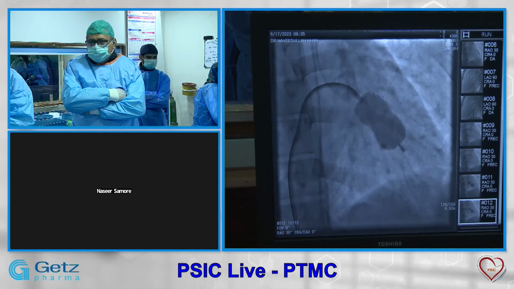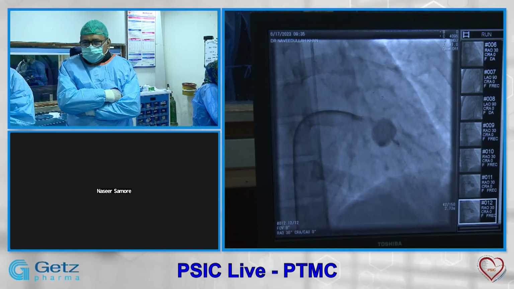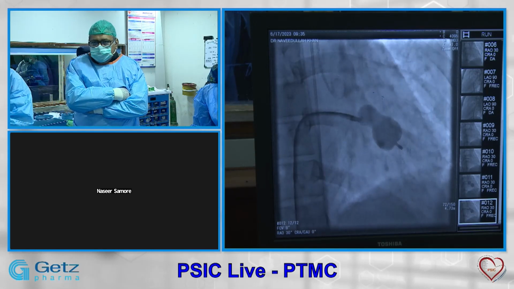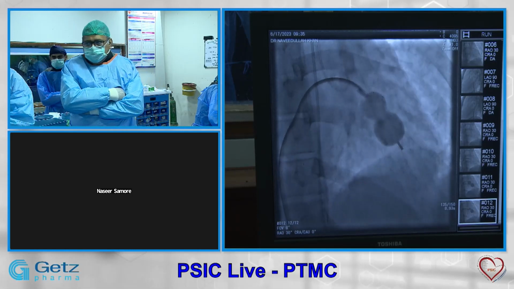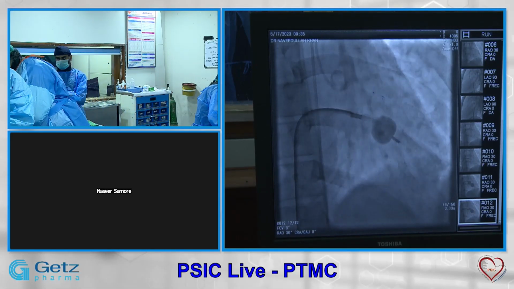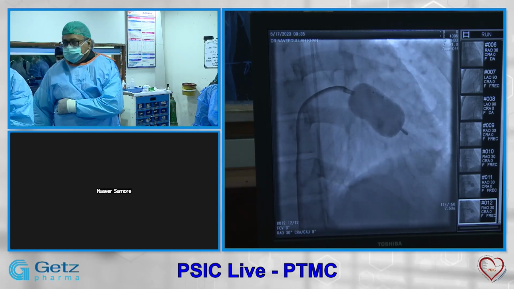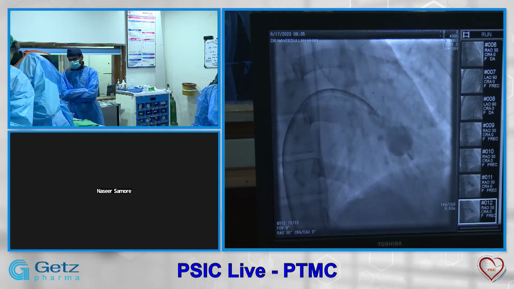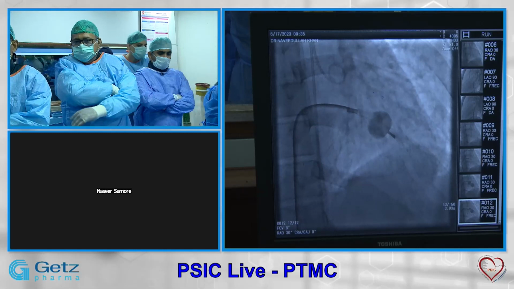All the steps, even the discussion before the procedure and then the complications, everything was covered very well. He also demonstrated the reduction in RV pressures and all the improvements which were there immediately. I think it was a great case and a lot of learning for all of us and all our juniors.